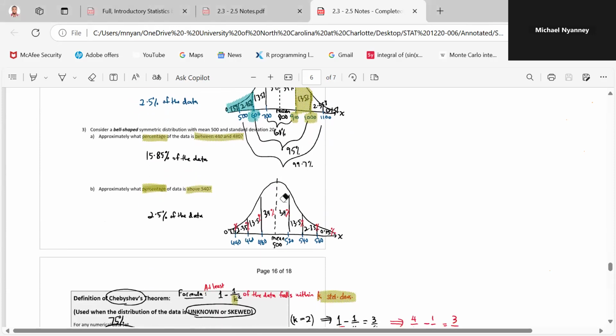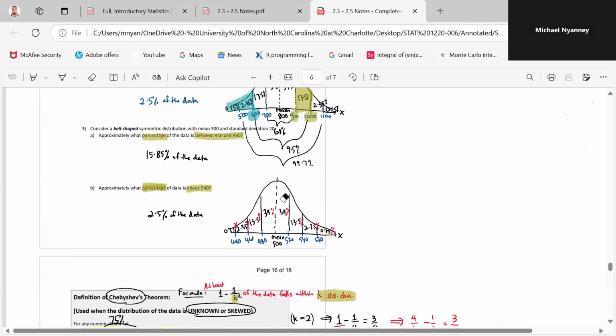We do the same for question 3. We have the mean to be 500 and the standard deviation to be 20. What you're going to do is draw this bell curve with the associated percentages, then we try to solve the questions asked. So we locate the mean to be 500.